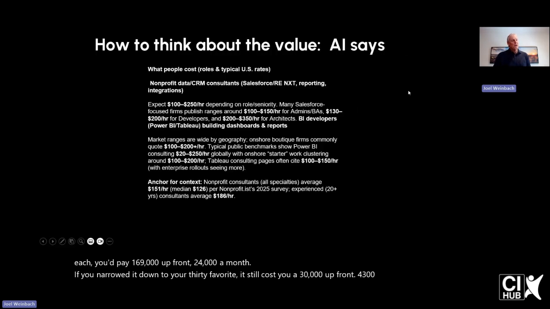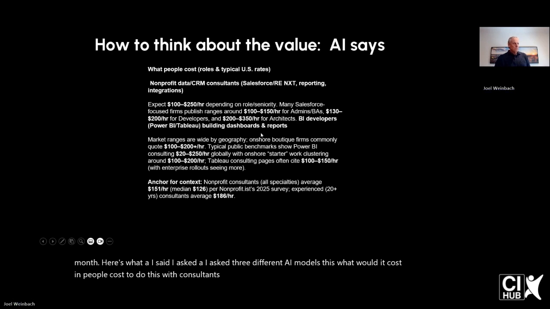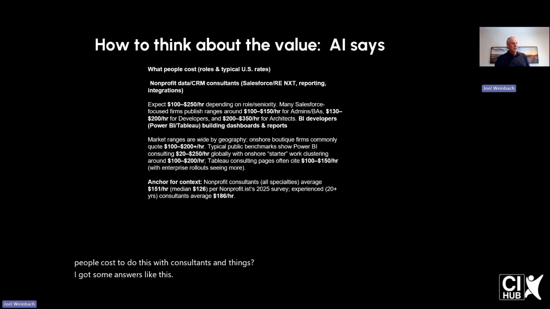Here's what AI said. I asked 3 different AI models this. What would it cost in people costs to do this with consultants and things? Got some answers like this, $100 to $250 an hour. Average is 151.